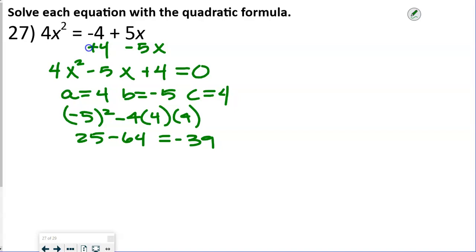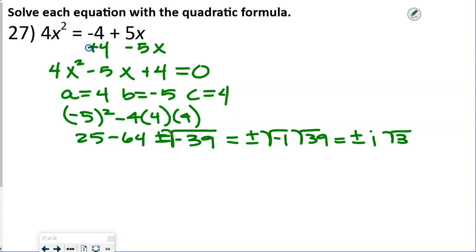And again, if we take the square root of this, plus or minus, right? So this is going to end up being plus or minus the square root of negative 1 times the square root of 39. I can't simplify the 39. There's no perfect square that's a factor of it. But this is going to be plus or minus i square root of 39. So this is going to be irrational, y'all. Actually, take that back. This is going to be imaginary. So here we go again.